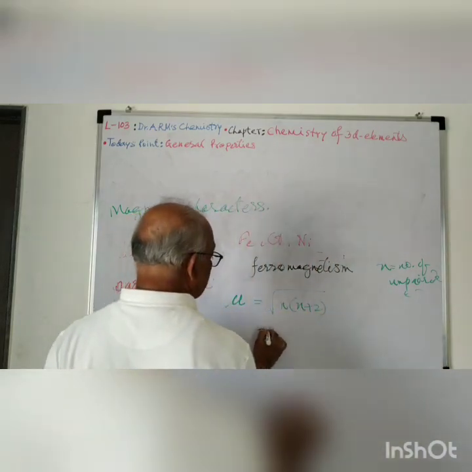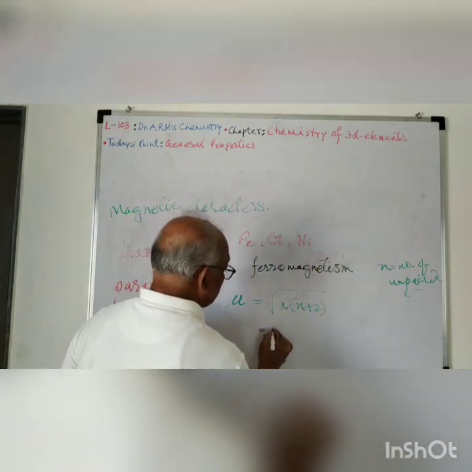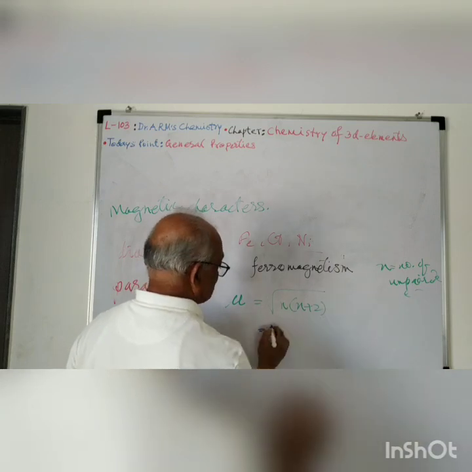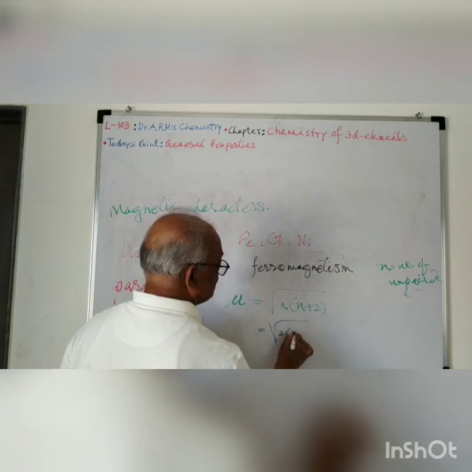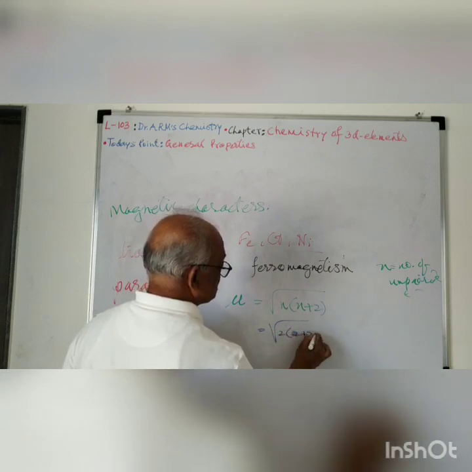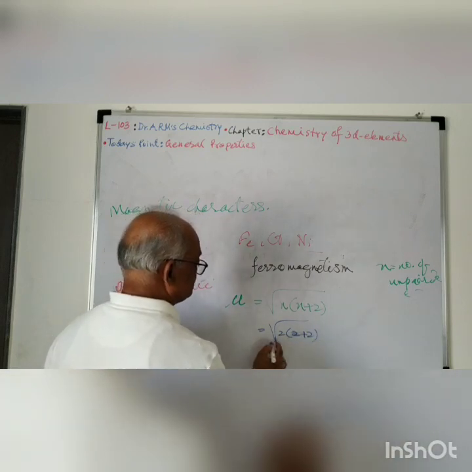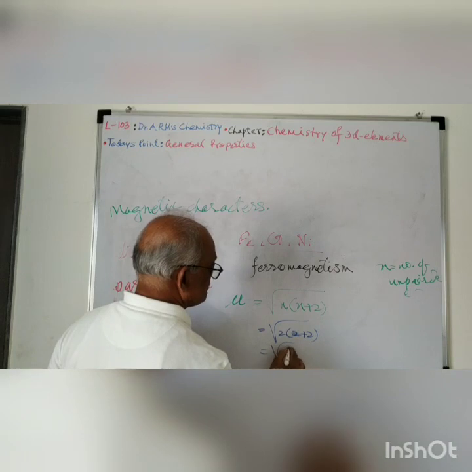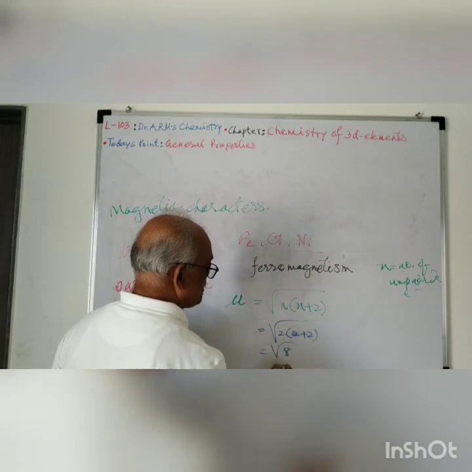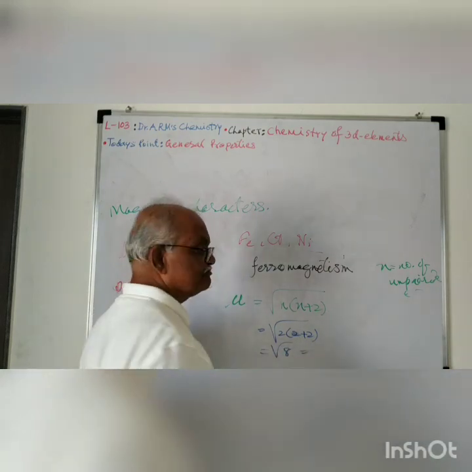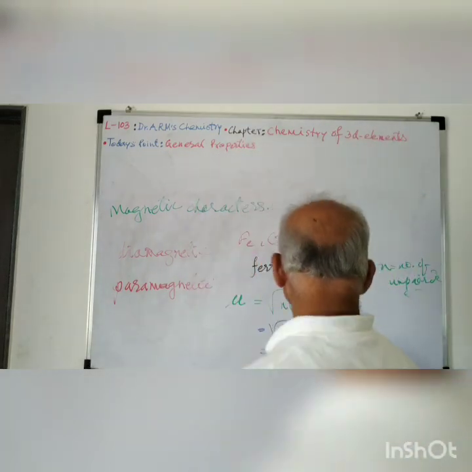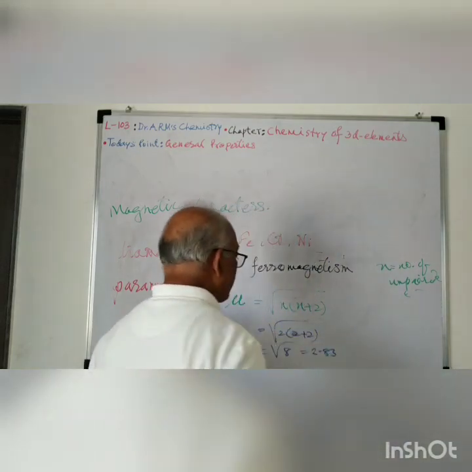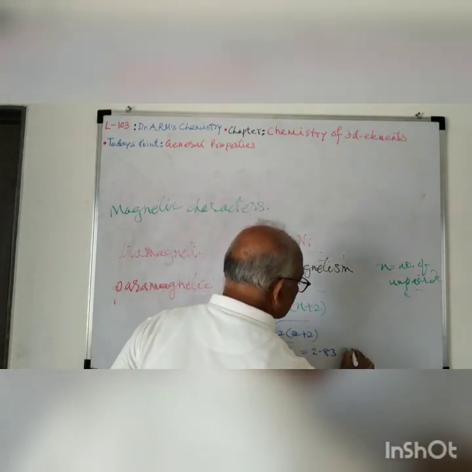Say, for example, the number of unpaired electrons here is 2. Then we can calculate: square root of 2 into 2 plus 2, means 2 into 4, so square root of 8, and this gives the magnetic moment 2.83 in Bohr magneton.